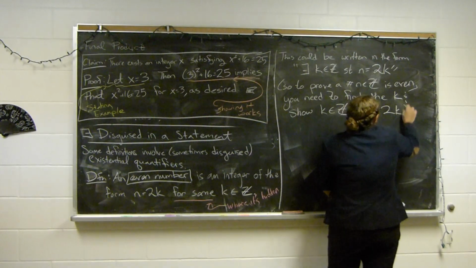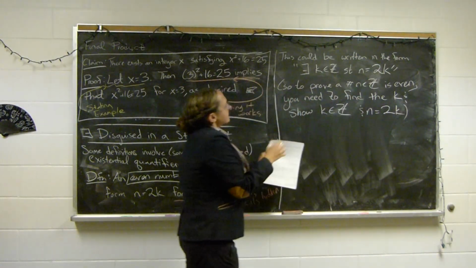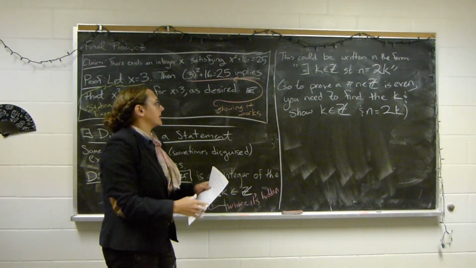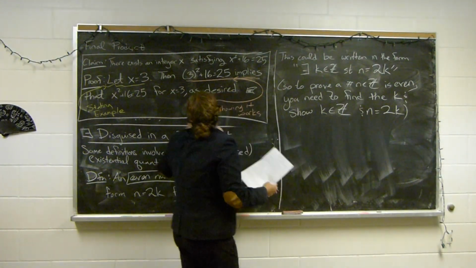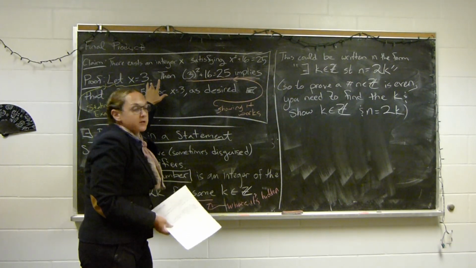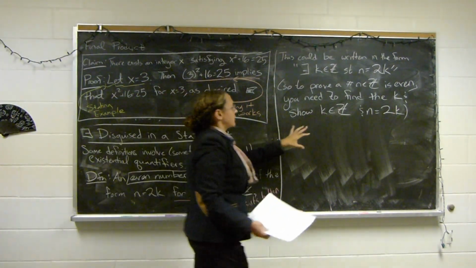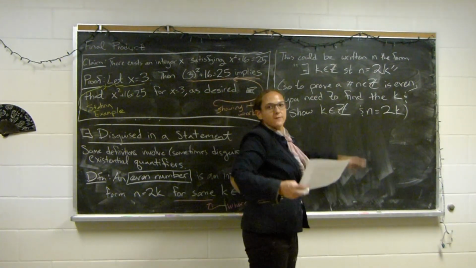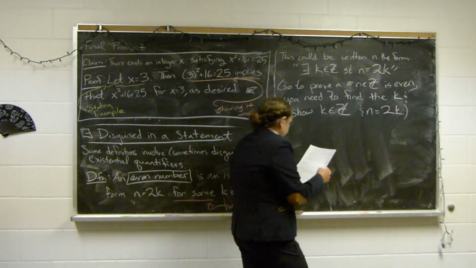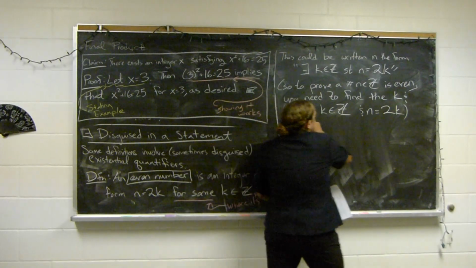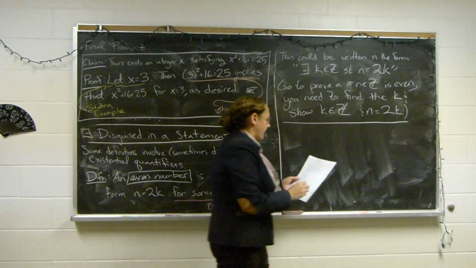Why do I say you need to show it? Because sometimes we're not giving an explicit number like 3, which we happen to know is in the integers. You actually need to show that whatever your k is, whatever crazy formula you have, it is actually in the integers.